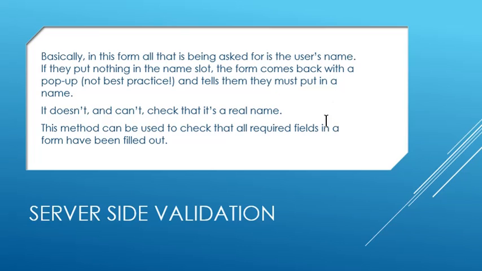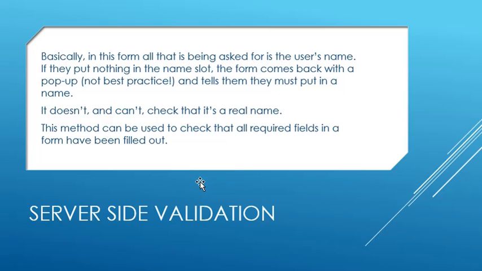Now, it can't check that it's a real name, or that even if it's a real name, if maybe they put in Mark and their name is Josephine, it's a real name, but it's not their real name. All that JavaScript can do is determine that they put something in that field, and it's going to call that something the first name.